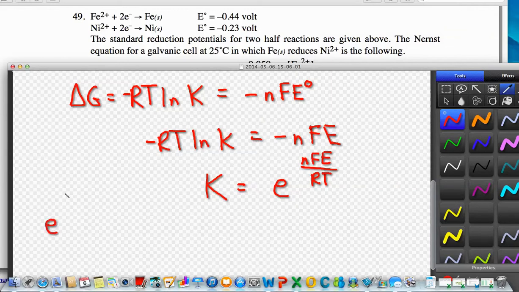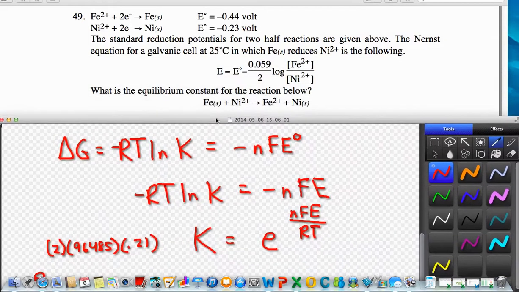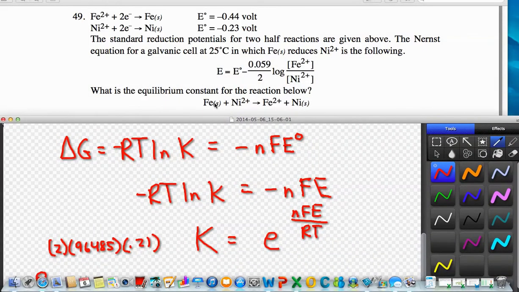You have 2 moles of electrons. You have 96,485. The E for the reaction is going to be 0.21. And you know this because iron must be oxidized.